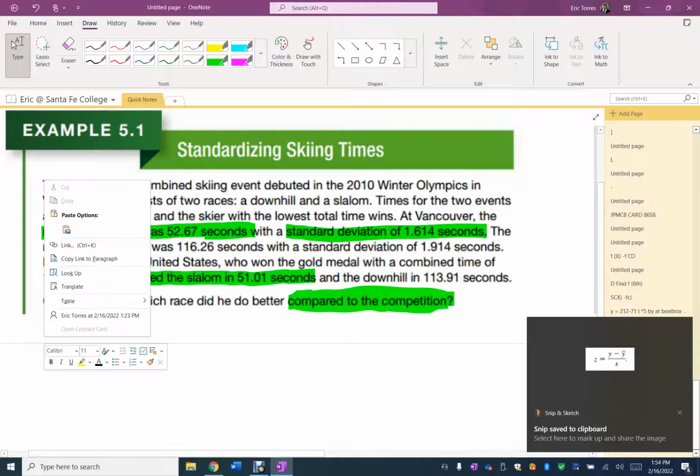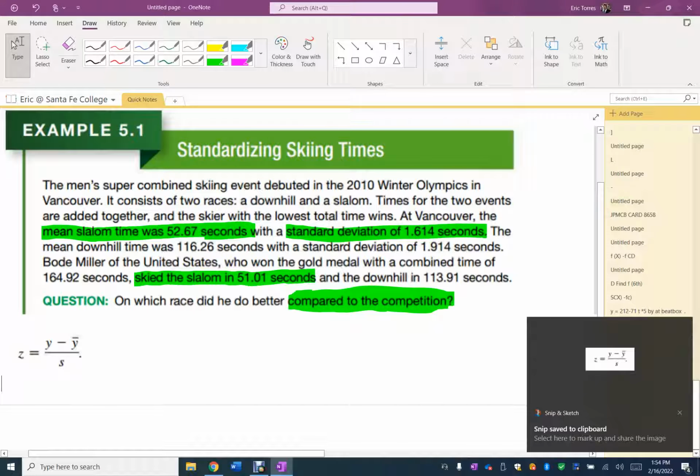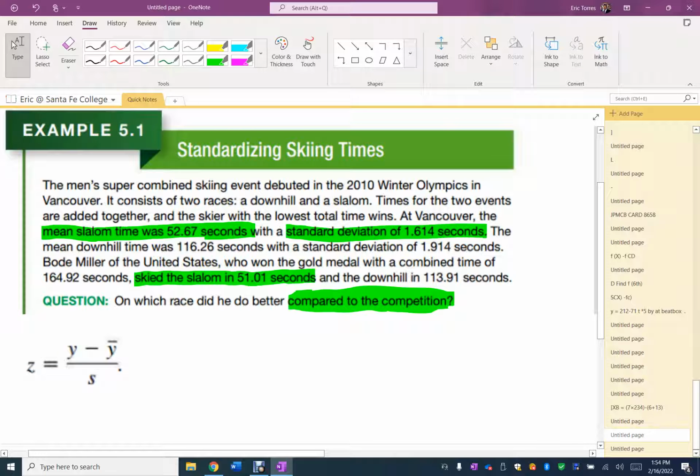So here is our formula for z-scores. A z-score takes any measurement minus the mean of that measurement, divided by the standard deviation. So we're going to go ahead and do that calculation right now.